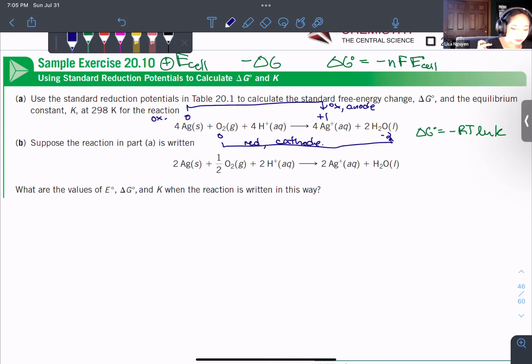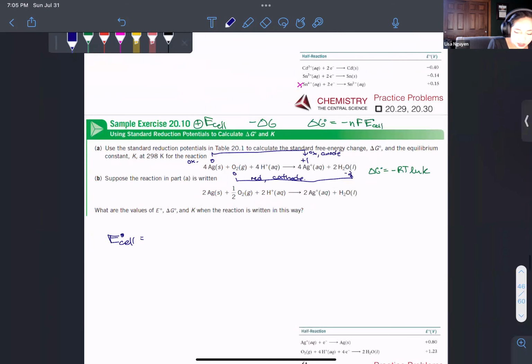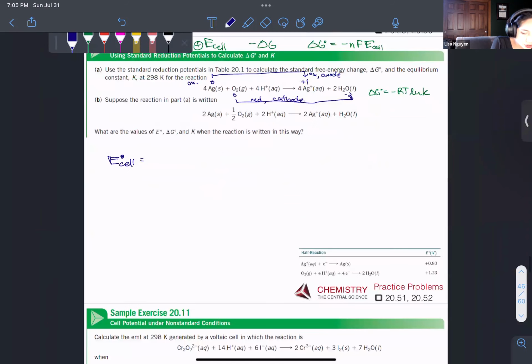All right, so now we can calculate our cell potential given those table values, because we know what's being oxidized and what is being reduced. E cell is cathode minus anode. Our cathode we said is oxygen, so that is this number, the second one, the oxygen reaction.